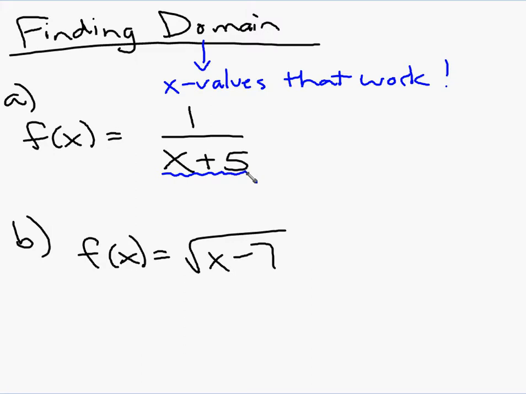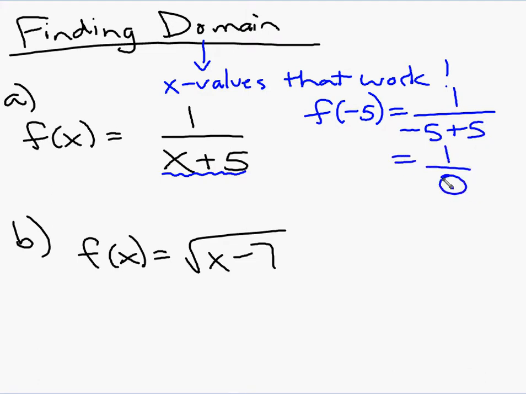Isn't it negative 5? If I were to do f of negative 5, I would get 1 over negative 5 plus 5, which is 1 over 0. Isn't that a problem in the math world? That's undefined. If you were to put that into your calculator, you would get error. This is a problem.